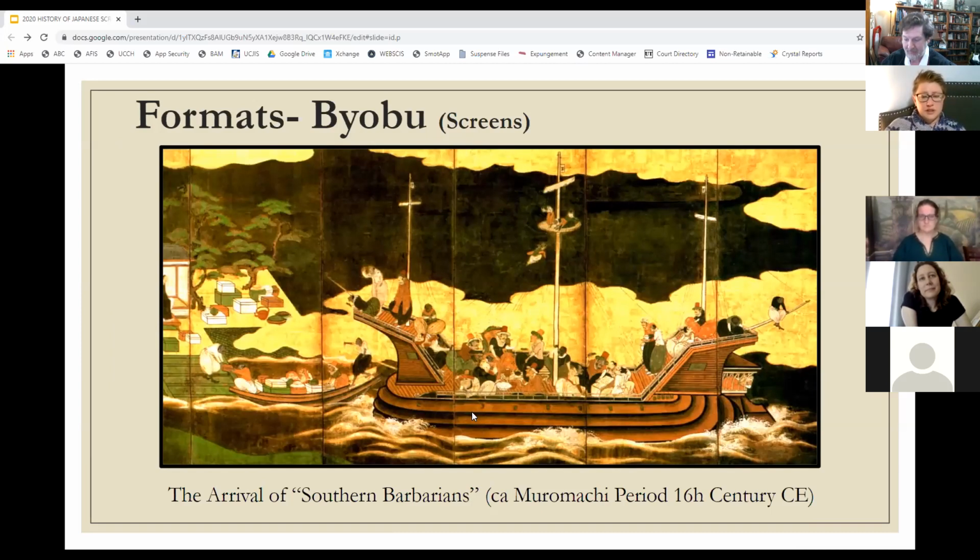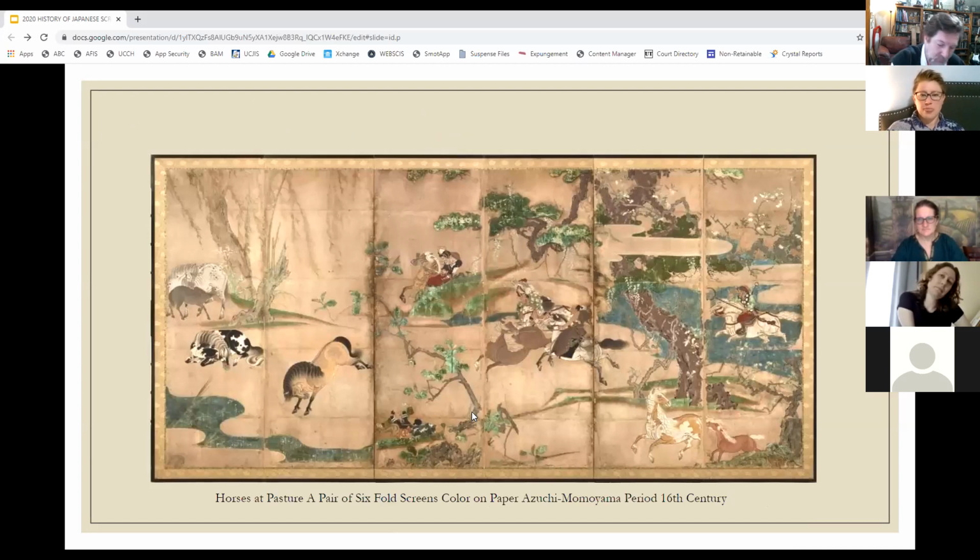Here's some more of the barbarians. And I love their hats too. They look more like pilgrim hats. Very interesting. And again, there's your gold clouds. They're more solid, not so misty anymore. And here's a very interesting pair of panels. And this is where they kind of start emulating back that Chinese style.